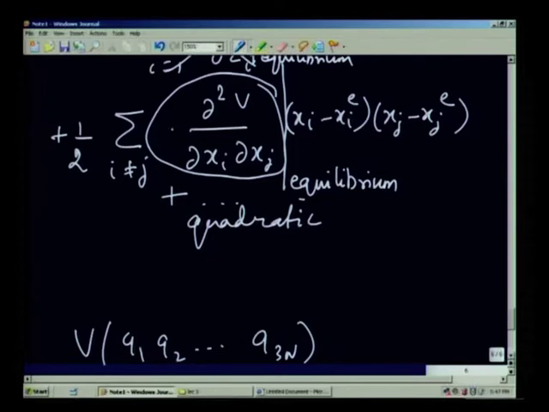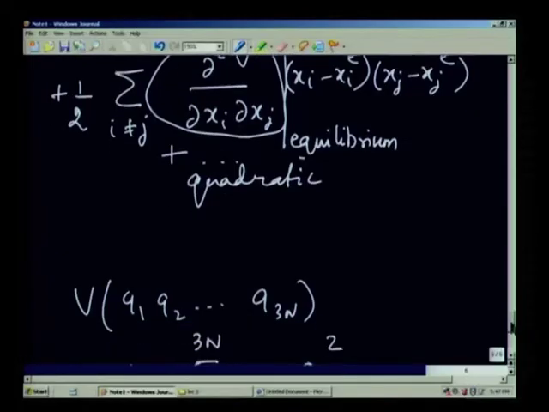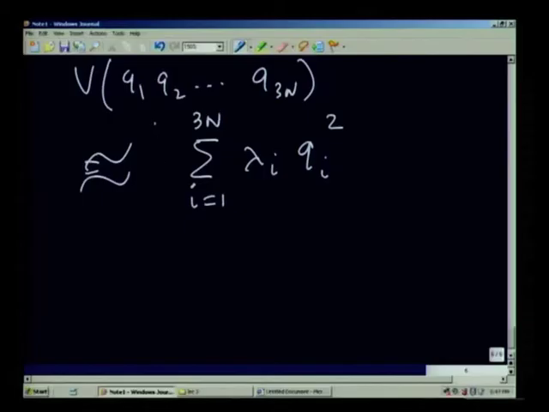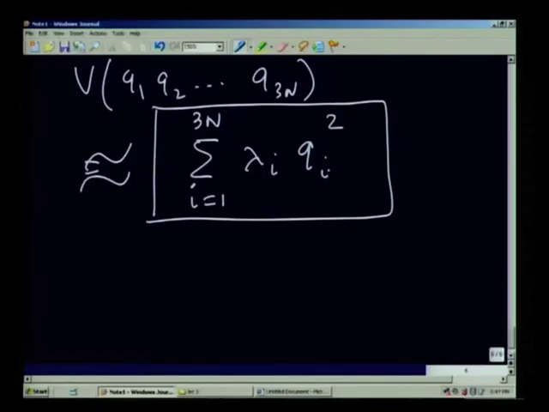What you have here is a constant which is a function of the two labels, atom i and atom j. This is a lambda ij equivalent, but now if we are able to do an analytic procedure so that this is changed into this new coordinate, so that the potential energy is nothing other than lambda i qi square, where now qi's are defined as the new amplitudes.